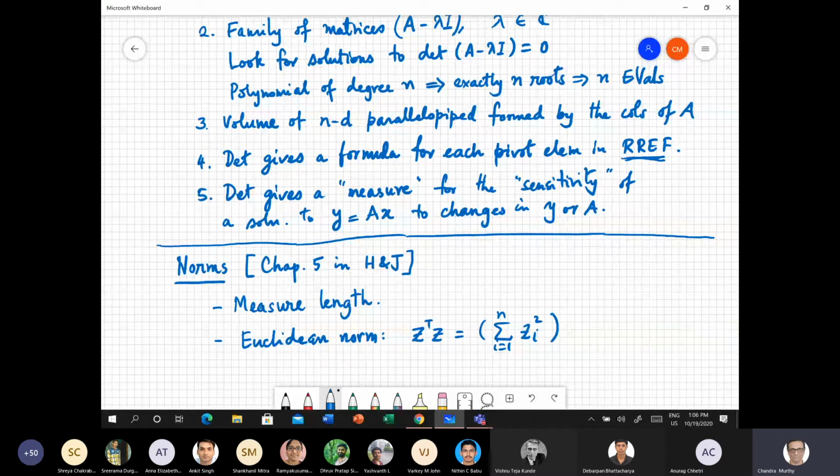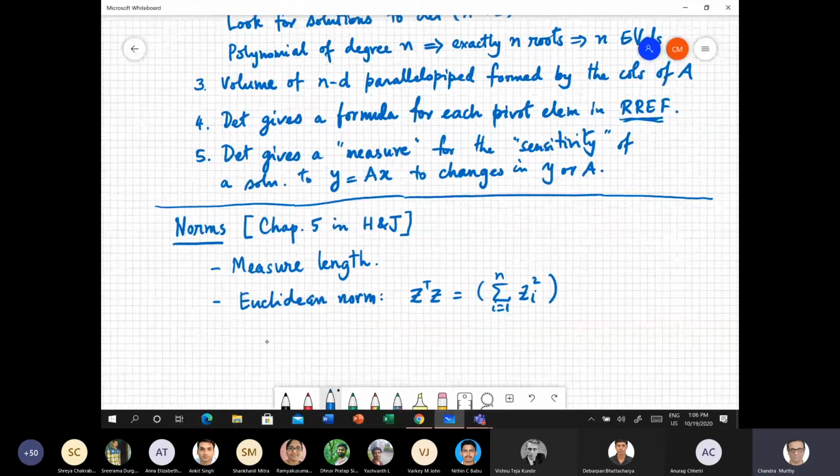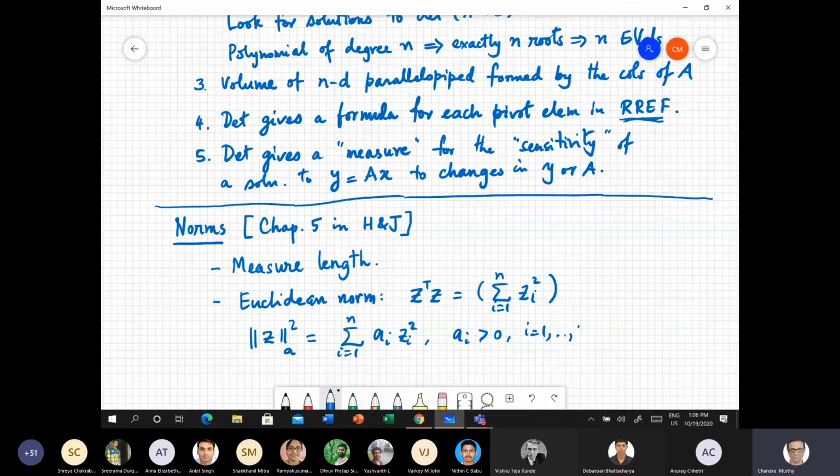This is one way to measure the size of a vector. And I think the last time I alluded to this, but a simple generalization is, I could define, I'll just write a subscript a here, a measure of length to be equal to the summation i equal to 1 to n of ai times zi squared, where the ai's are some numbers greater than 0 for i equal to 1 to n.